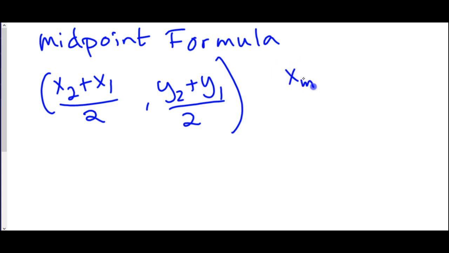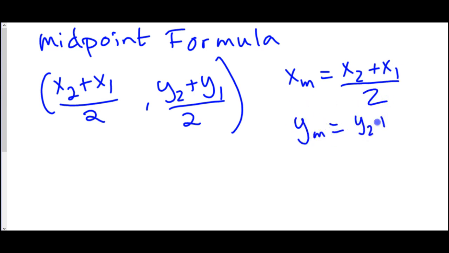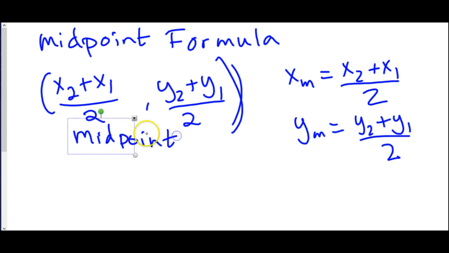To find the x midpoint, it's x2 plus x1 over 2. And to find the y midpoint, it's y2 plus y1 over 2. This one is more useful if you're actually finding the midpoint. Over here on the right, these formulas are more useful if you're finding an endpoint.